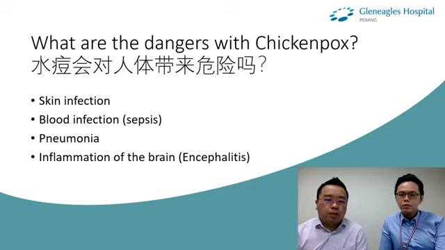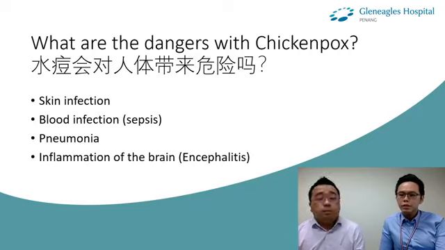That is called a blood infection, or more commonly sepsis. Thirdly, the chickenpox virus can affect your lung and cause pneumonia or a lung infection. Lastly, this is more common in children, but it does happen in adults on a rare basis: an infection or inflammation of the brain. We call it encephalitis. So these are the dangers of chickenpox that we are worried about as doctors.